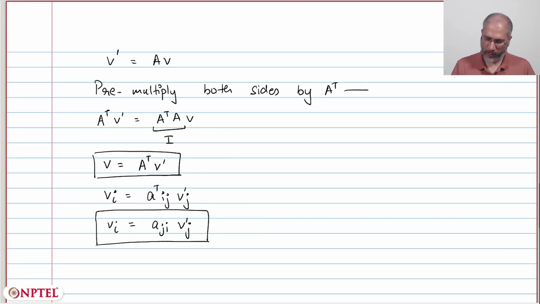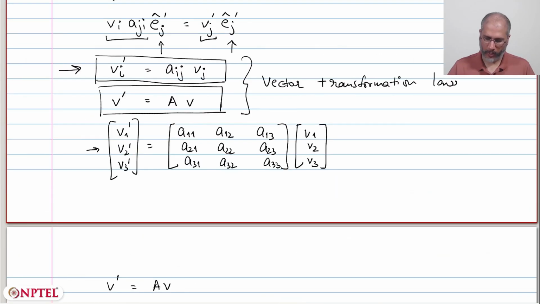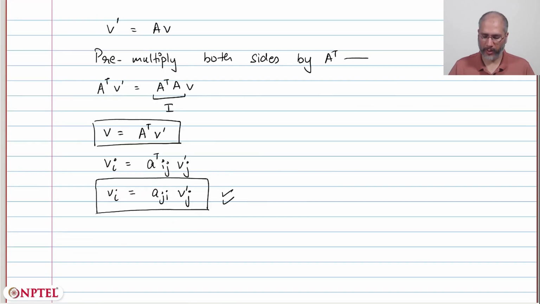The only difference between this one and the forward transformation was that in the forward transformation, you had aij vj, whereas in this case you have aji vj prime. So if you want to find v prime, it's aij. If you want to find v, it's aji. It may seem difficult to remember this, but if you try problems, you will automatically get used to remembering this.